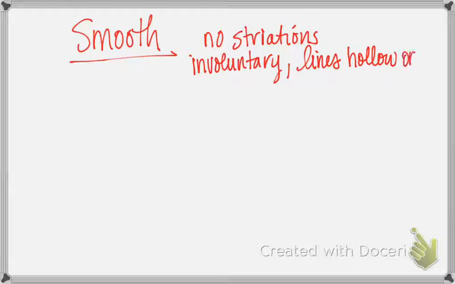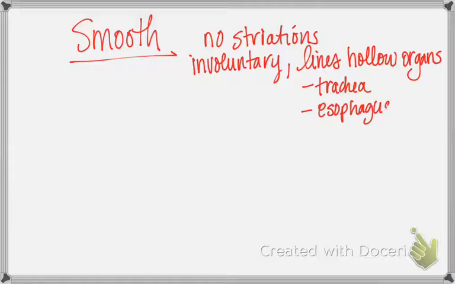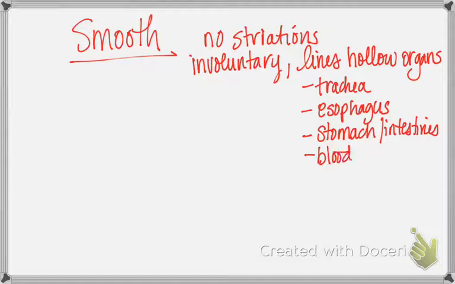Yeah, all the organs. Okay, so there's a really long list. You have it in your respiratory tract, like your trachea. You have it in your esophagus. You have it in your stomach and intestines. You have it lining your blood vessels.